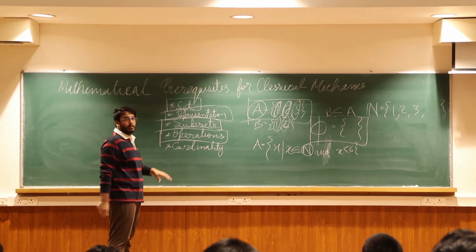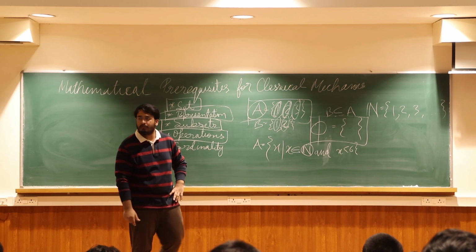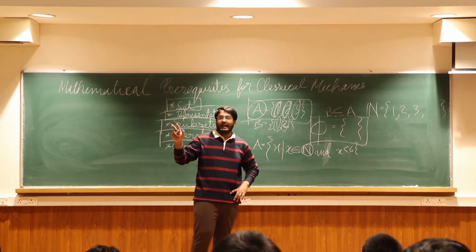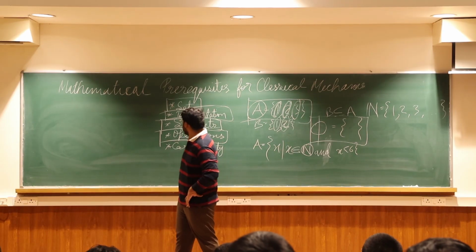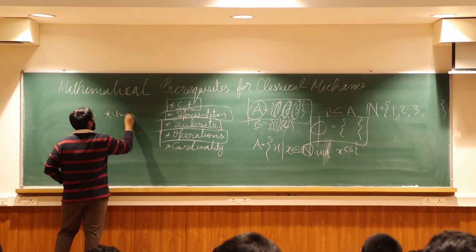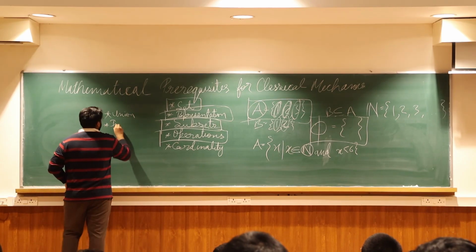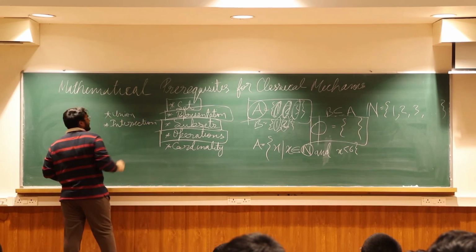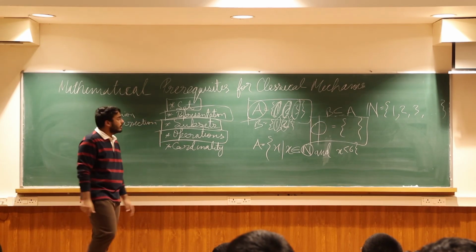Did anybody have any problem with the operations? Okay. So on sets we define two types of operations. One of them being union and the other being intersection.